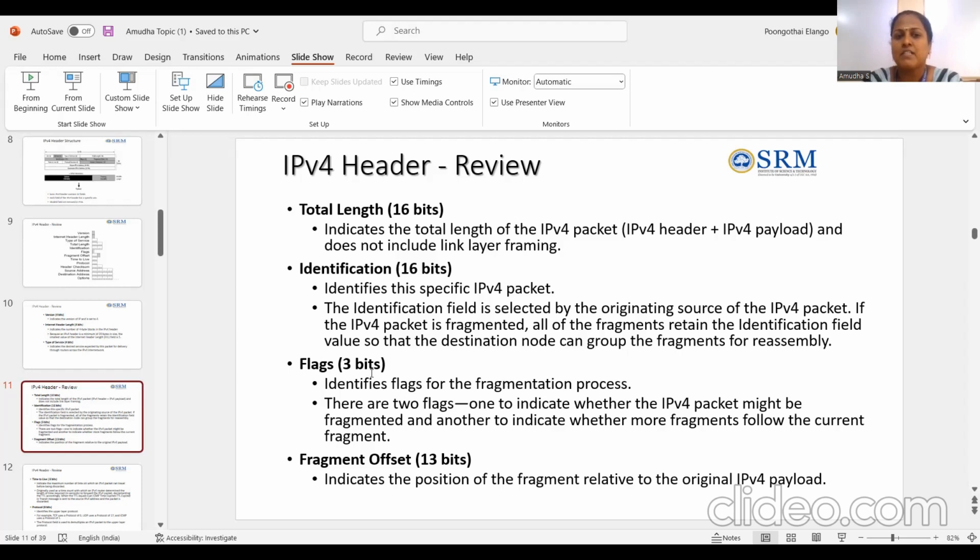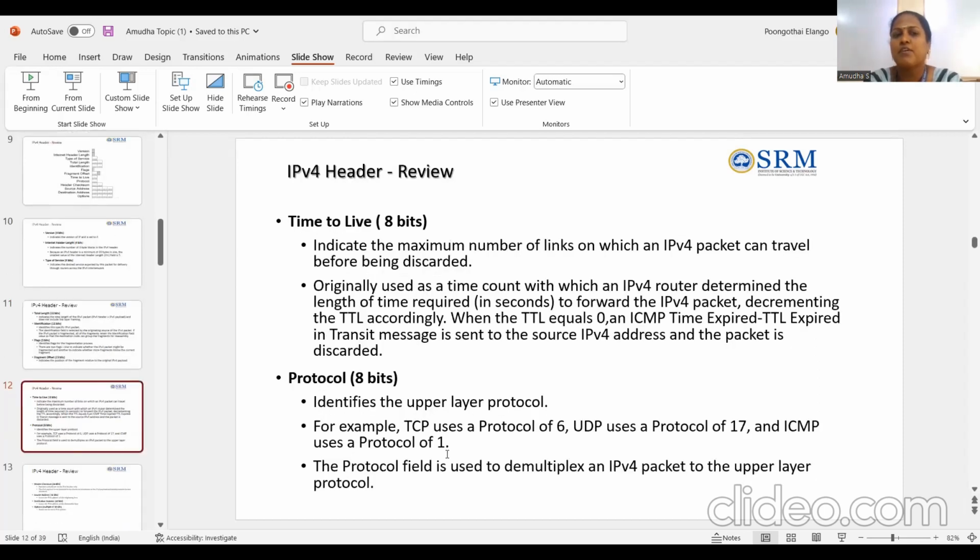The flags field is 3 bits and identifies the flags for the fragmentation process. One flag indicates whether the IPv4 packet might be fragmented, and another indicates whether more fragments are to follow. The fragment offset is 13 bits and indicates the position of the fragment relative to the original IPv4 data.